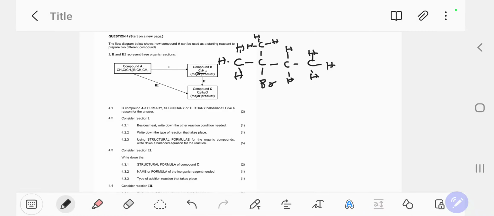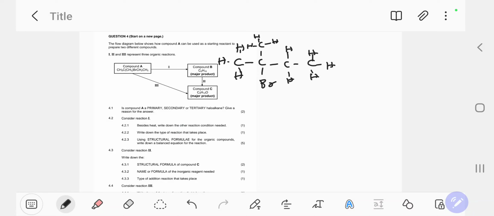And remember, we're going to use Markovnikov's rule. From here, number 1, we're going to have an elimination reaction. For us to produce an alkene, we are going to remove a hydrogen and also your bromine.